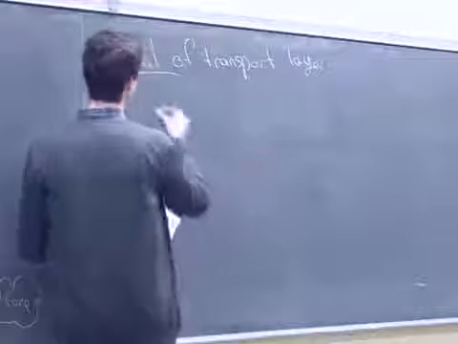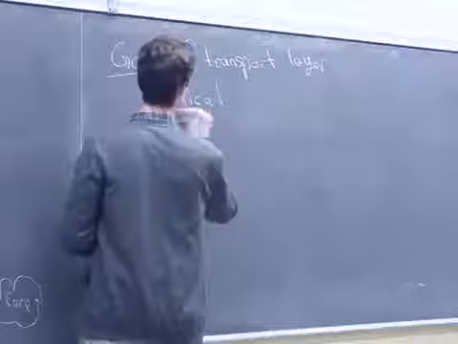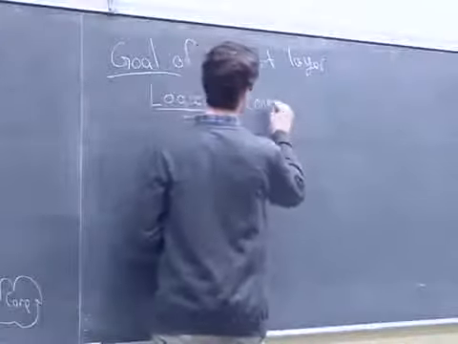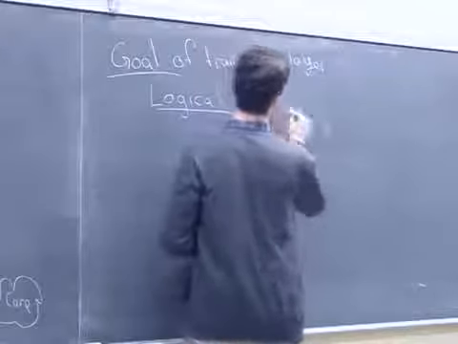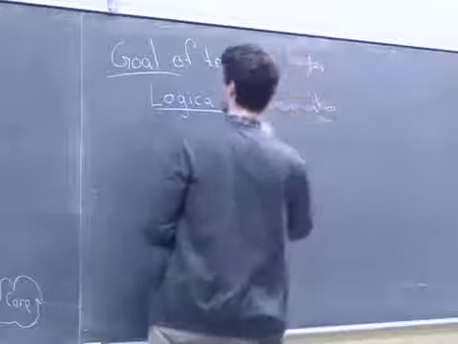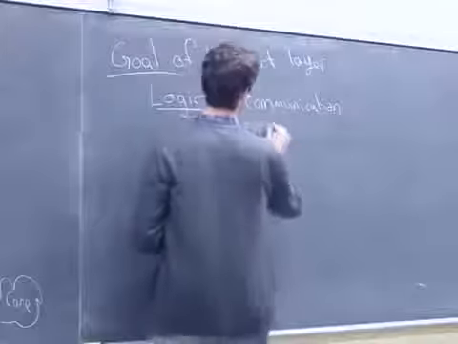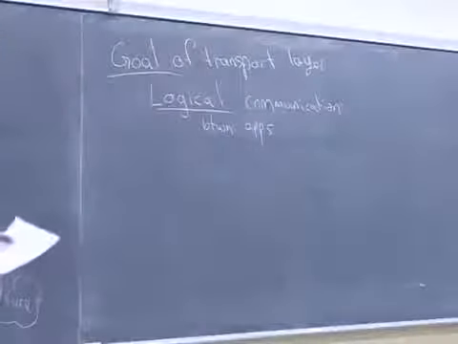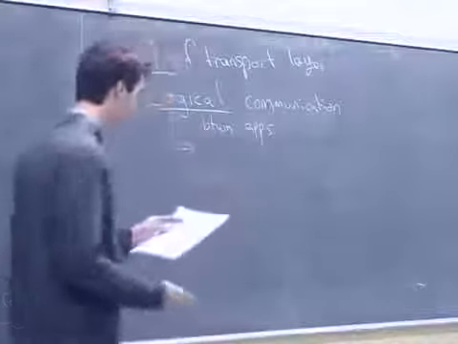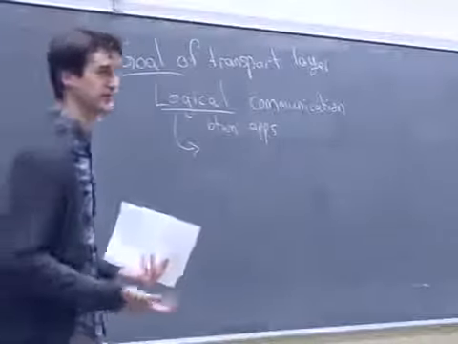So the way I'm going to phrase this is that it provides logical communication between applications. All right. So what do I mean by logical? By logical, I mean that the applications actually think that they're directly connected to each other.